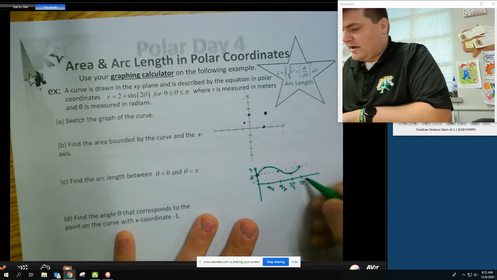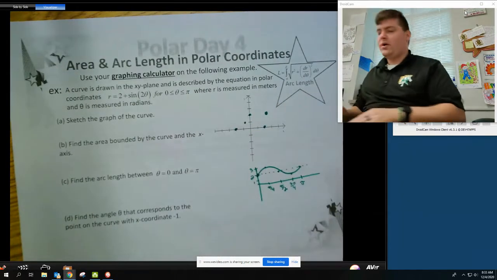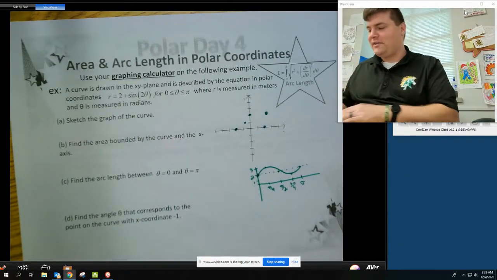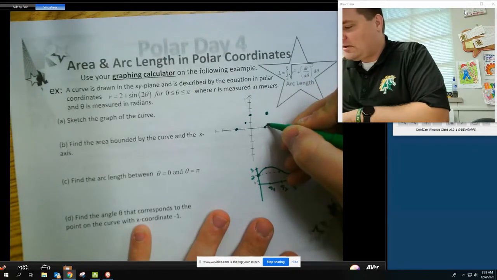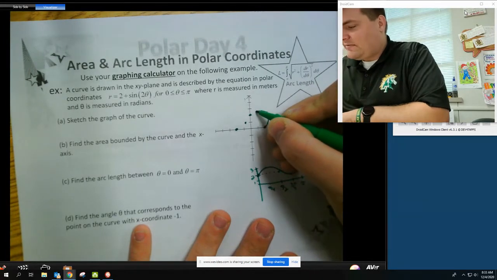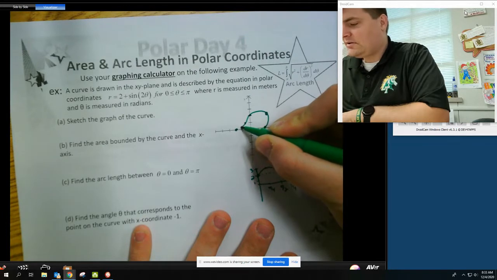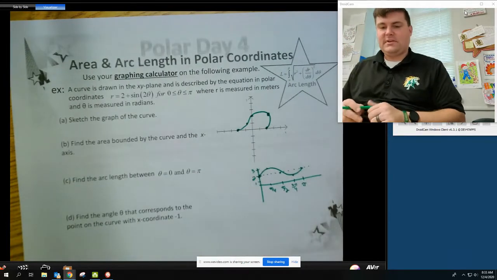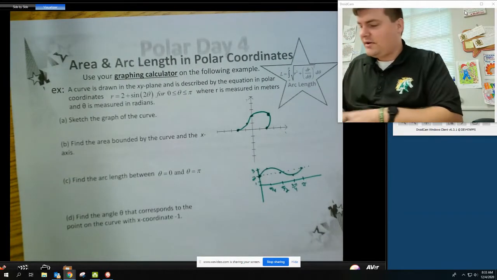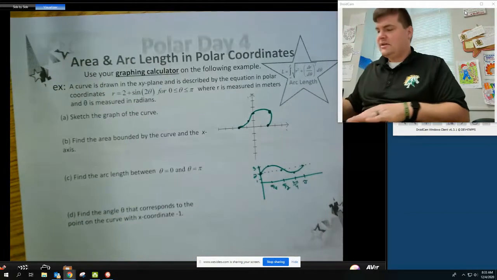And then at pi, we're out at 2. So this looks like a weird one, not like a nice fun little shape here. It looks like we're doing something along the lines of this. All right, looks kind of weird, but something along those lines.